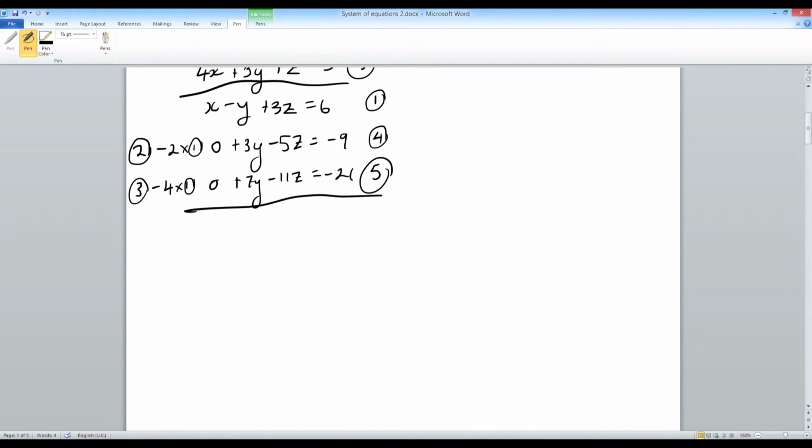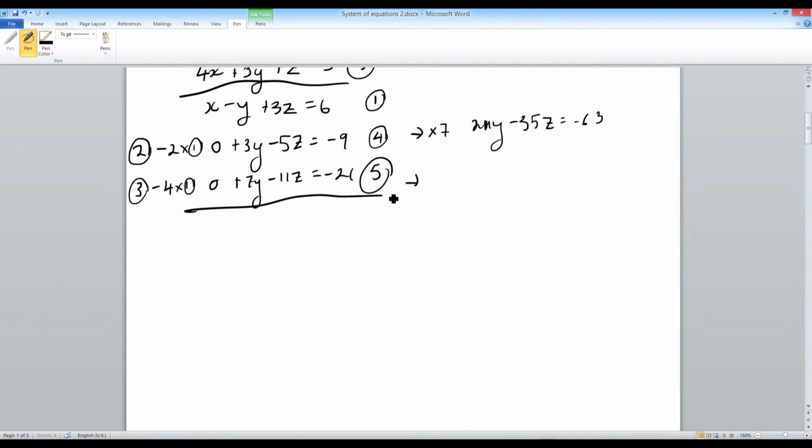So what I can do in this situation is the following. My fourth equation, I'm going to multiply throughout with 7. And then I am going to get 21y minus 35z is equal to negative 63.